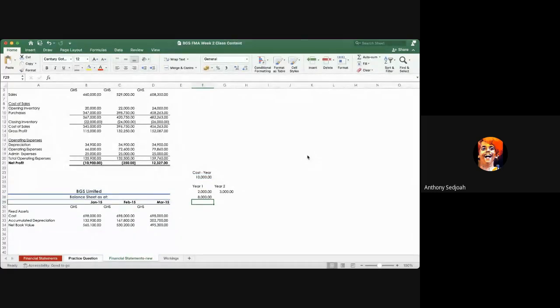Now we come to year 2. We are saying that we've seen another depreciation of 3,000 cedis. So assuming you are in year 2 and want to sell the asset, how much will you sell it for? 5,000. Exactly. So this 8,000 and 5,000 is the net book value, and this 2,000 and 3,000 is the depreciation itself.